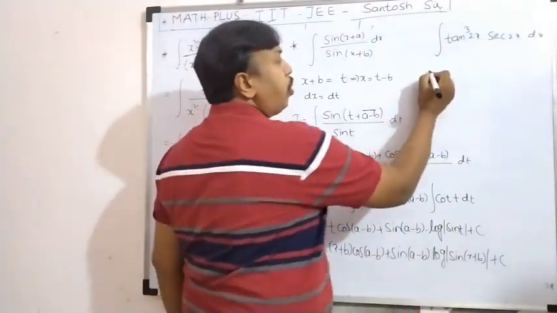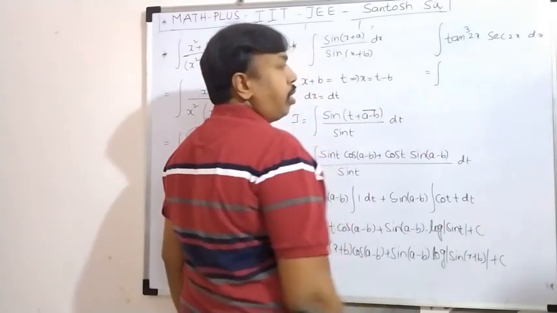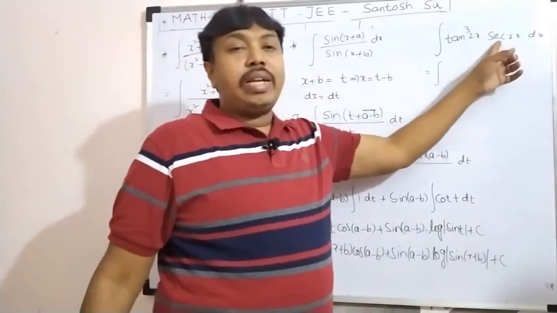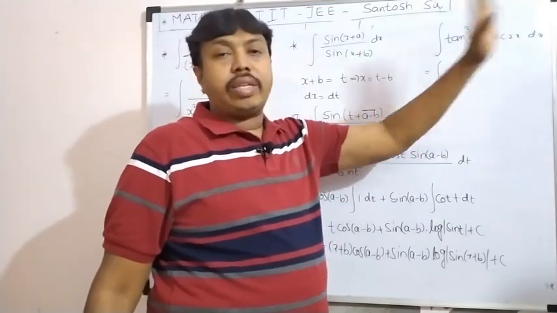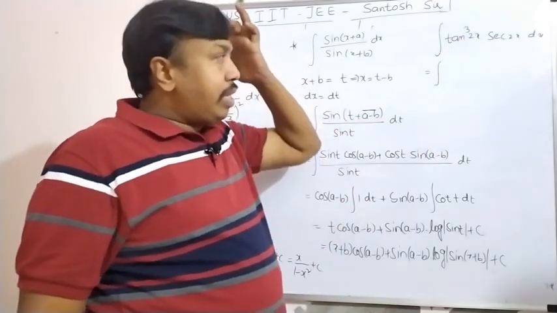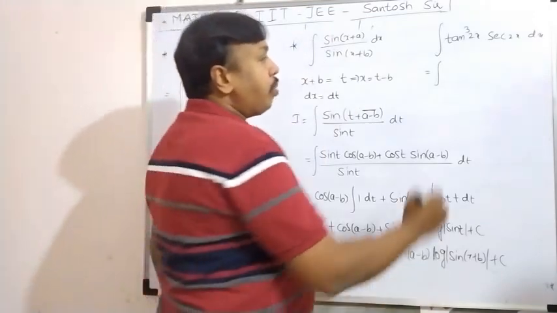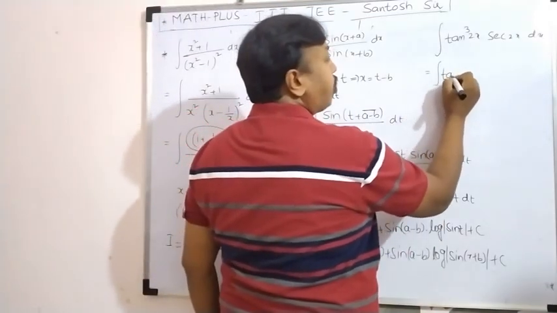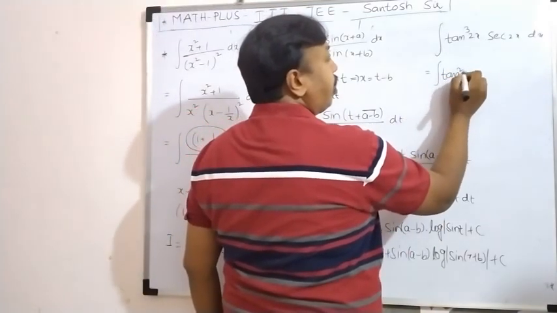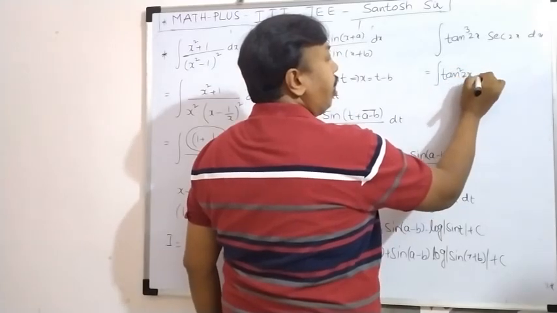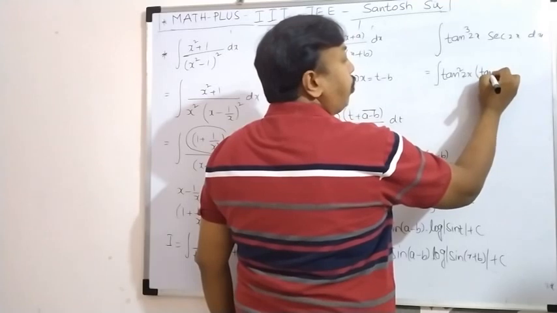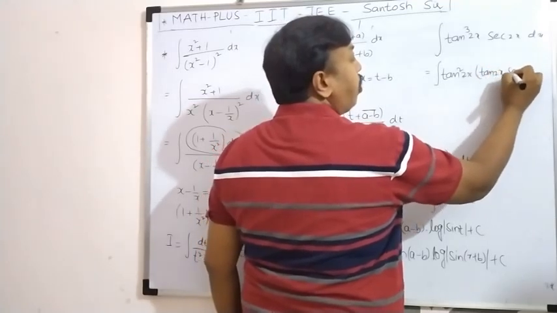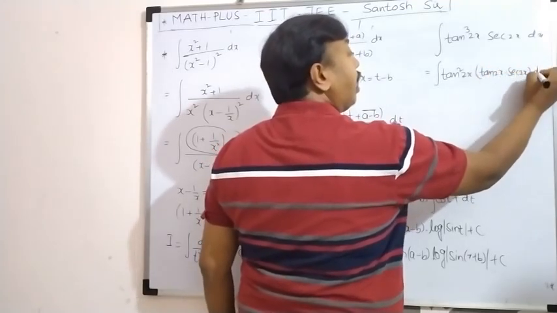So what I am going to do is, if I have secant square x, directly tan x as t we can take, secant square x dx is equal to dt, but only one secant function is given. So I am writing tan square 2x, and one term I am joining to this, tan 2x into secant 2x dx.